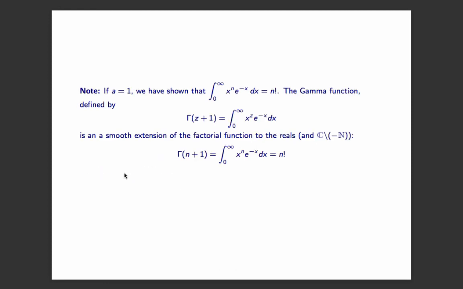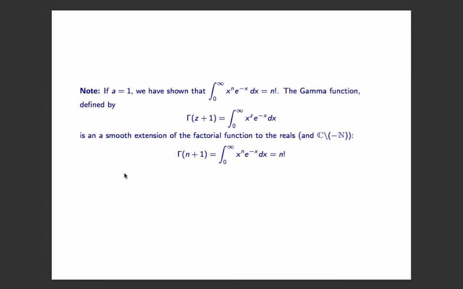So now, where did this example come from? Well, if a is equal to 1, we've shown that the integral from 0 to infinity of x to the n times e to the negative x dx is equal to n factorial. In fact, the gamma function developed by Daniel Bernoulli, defined by gamma of z plus 1 equals the integral from 0 to infinity of x to the z e to the negative x dx, is in fact a smooth extension of the factorial function to the reals.